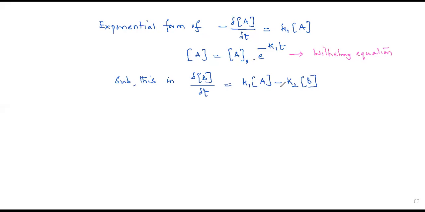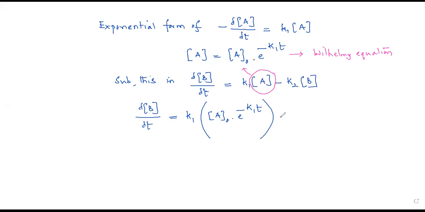Now in this, if we substitute this in place of A, we get dB by dt is equal to K1 into, now this A can be written as A naught into e power minus K1 into t, right?